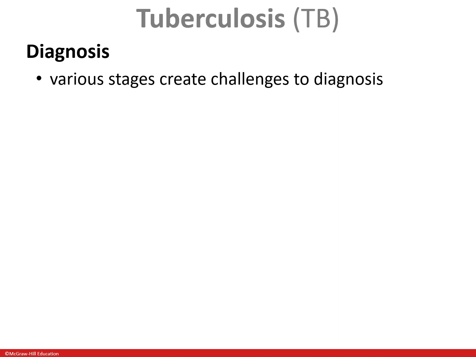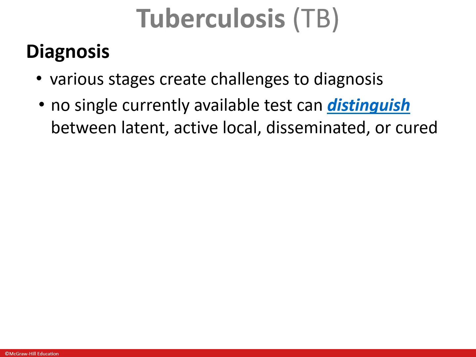So diagnosis, again, the challenge is the fact that some of the tests that we have can only detect exposure. It can't detect whether it's a latent infection, an active infection, whether it's a local or a disseminated infection, or if it's a past infection that's completely cured.